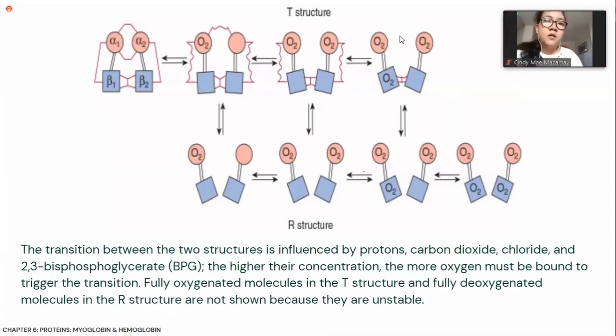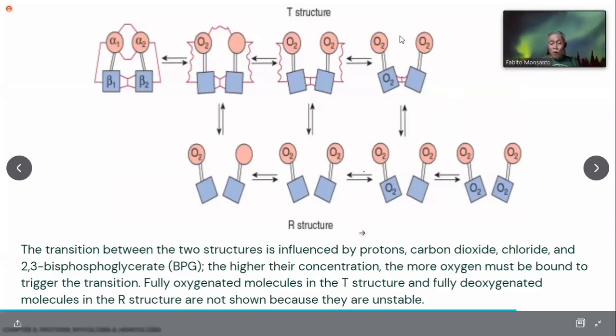Down, sorry. The pH becomes more acidic. Now, so with carbon dioxide. So with chloride. And so with BPG.